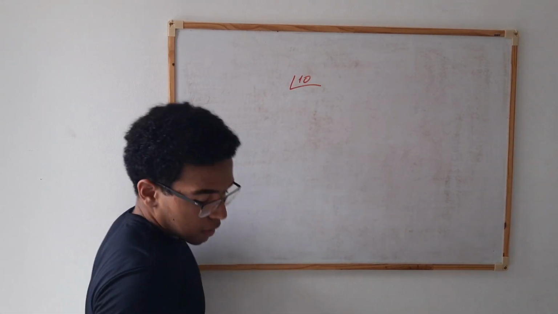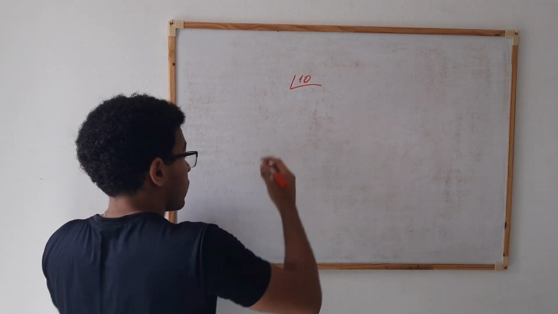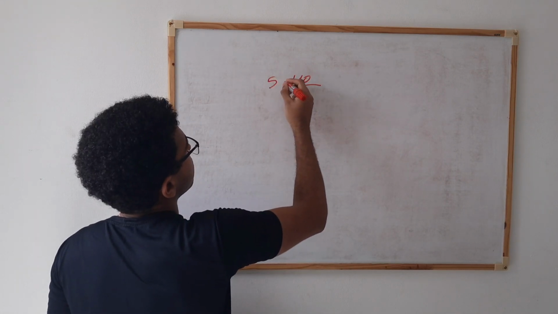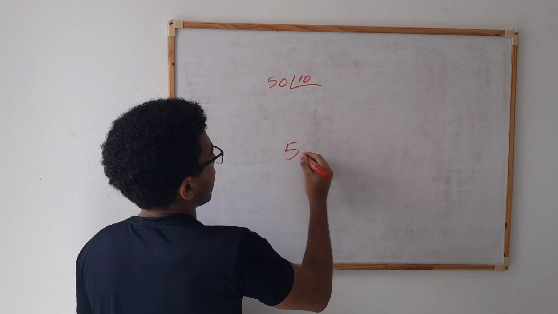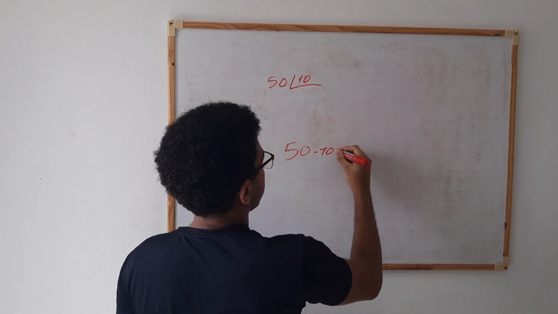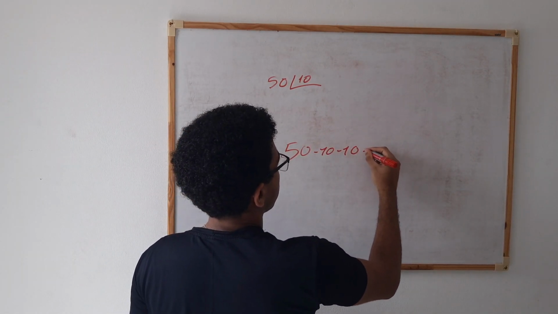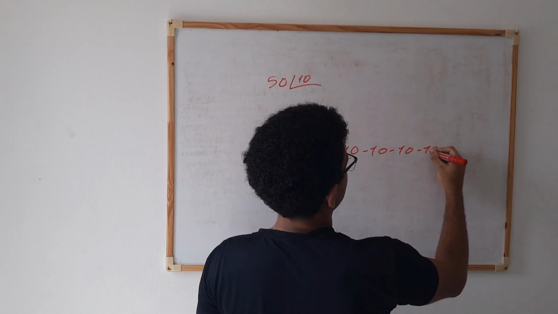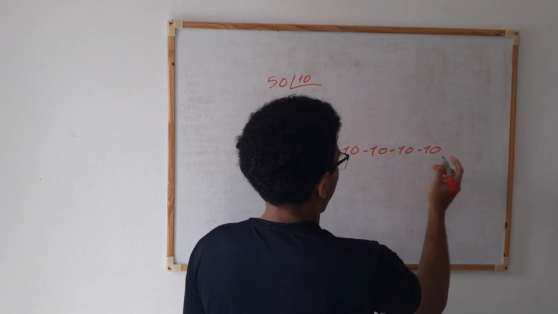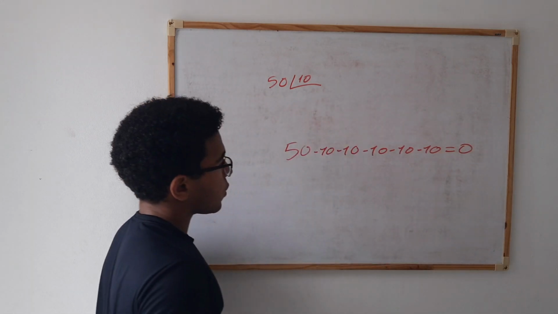And just to make the calculation a little more visual, let's put 50 here. And now I can more easily do it. I would have 50 minus 10 minus 10 minus 10 minus 10 minus 10, which would be equal to 0.